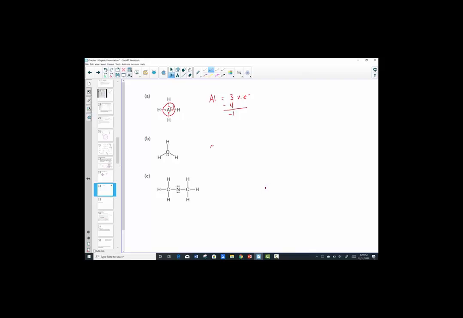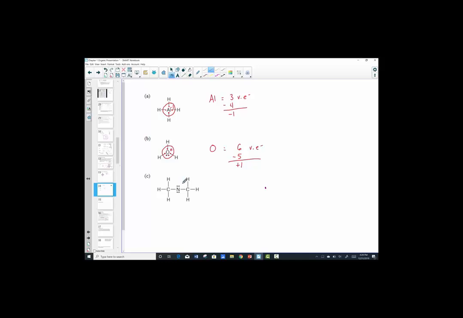Let's find the oxygen in the second example. Draw a circle around its structure, and we have 1, 2, 3, 4, 5 assigned electrons. Oxygen lives in group 6A, so 6 valence electrons are what it would like to have. But right now it's assigned 5, giving it a +1 formal charge.